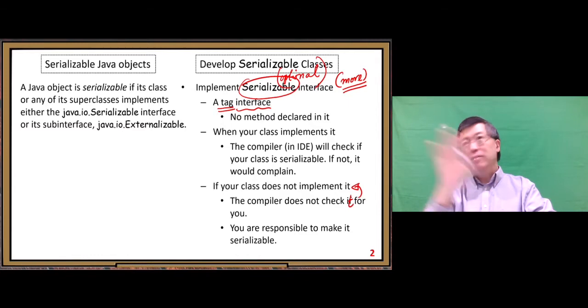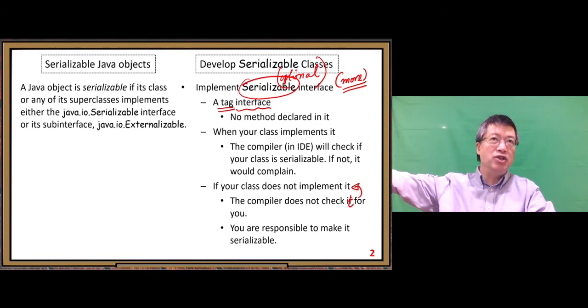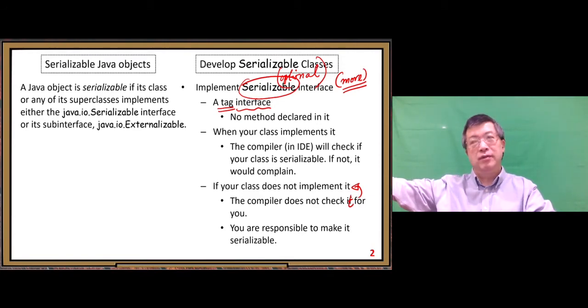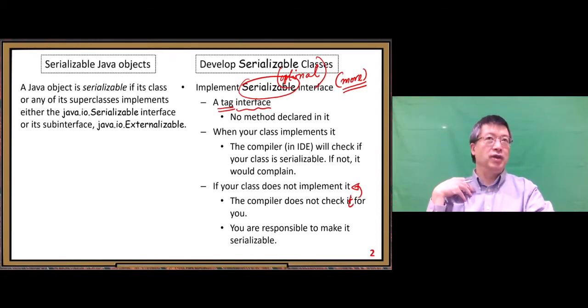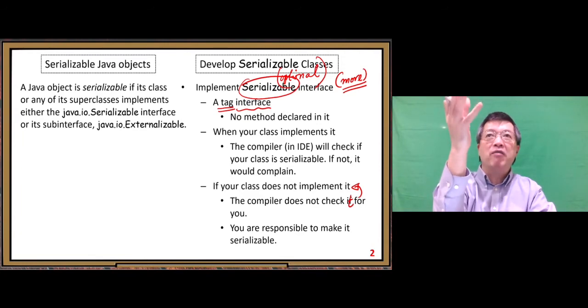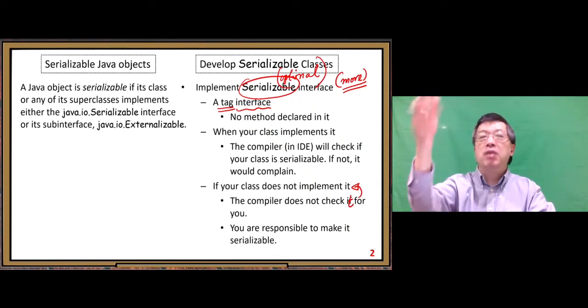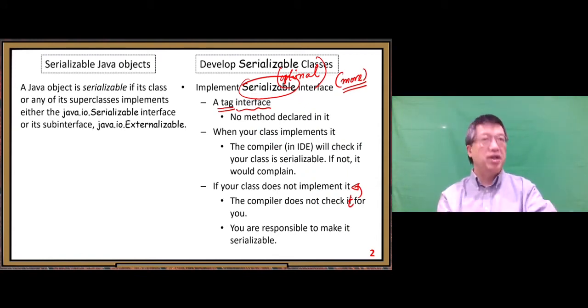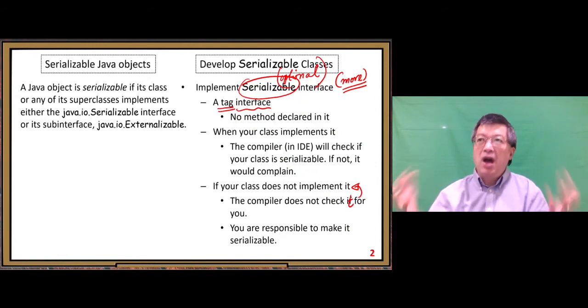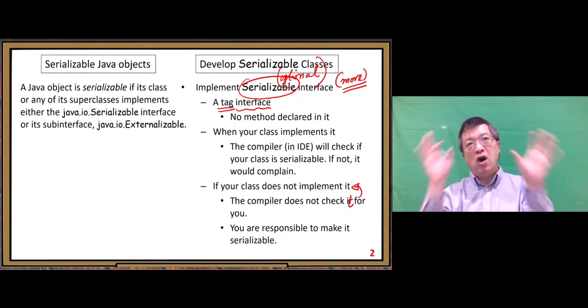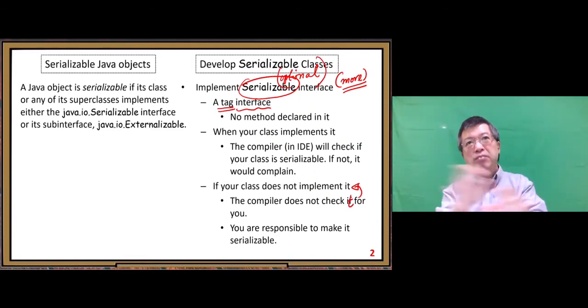That's no problem, because for experienced programmers, we know what we are doing in a JavaBean won't cause any serialization problem. We have that confidence. So we don't need the compiler to check it for us. That's why most of the JavaBeans you see in the market do not implement the Serializable interface, because the developers are very confident they won't cause any serialization problem.